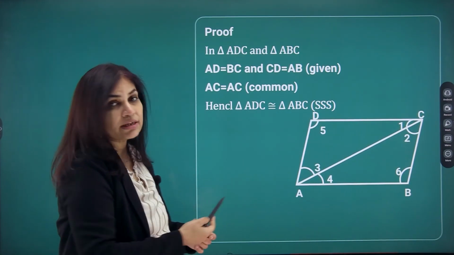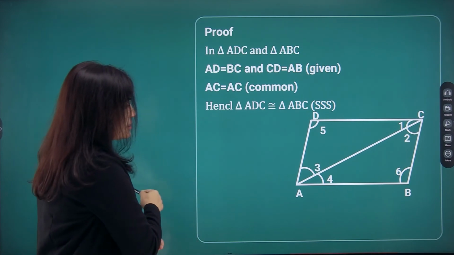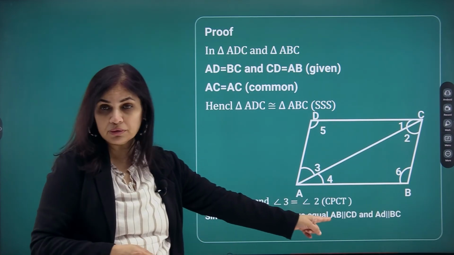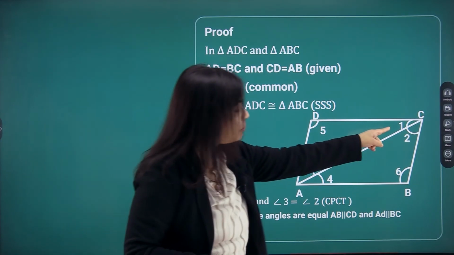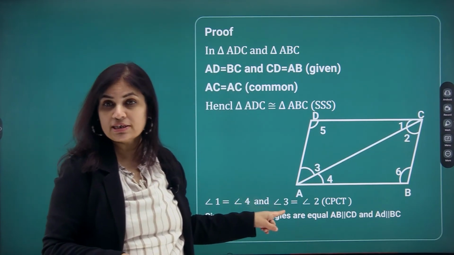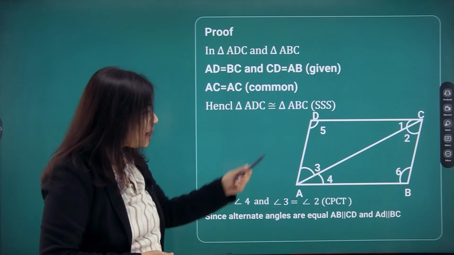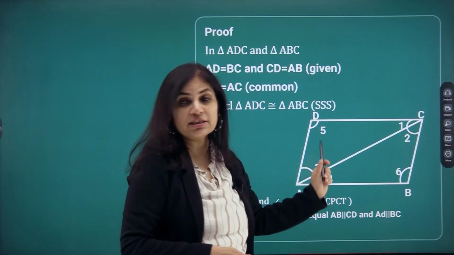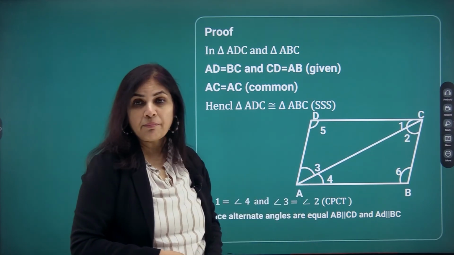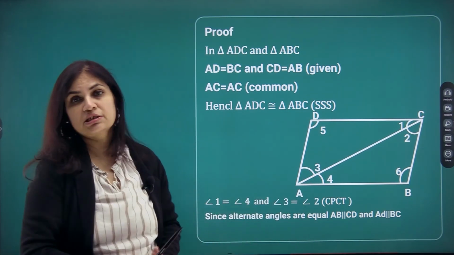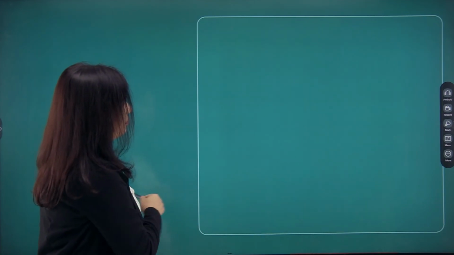Once the two triangles are proved congruent by SSS, their corresponding parts are equal, and we can clearly see the corresponding parts form a pair of alternate interior angles. Once the pair of alternate interior angles are equal, the sides would be parallel, and hence ABCD is proved to be a parallelogram.